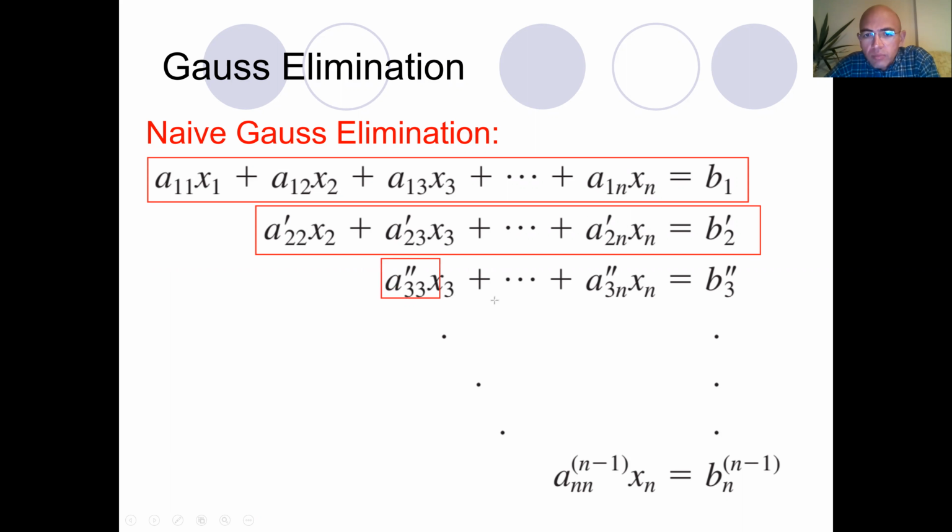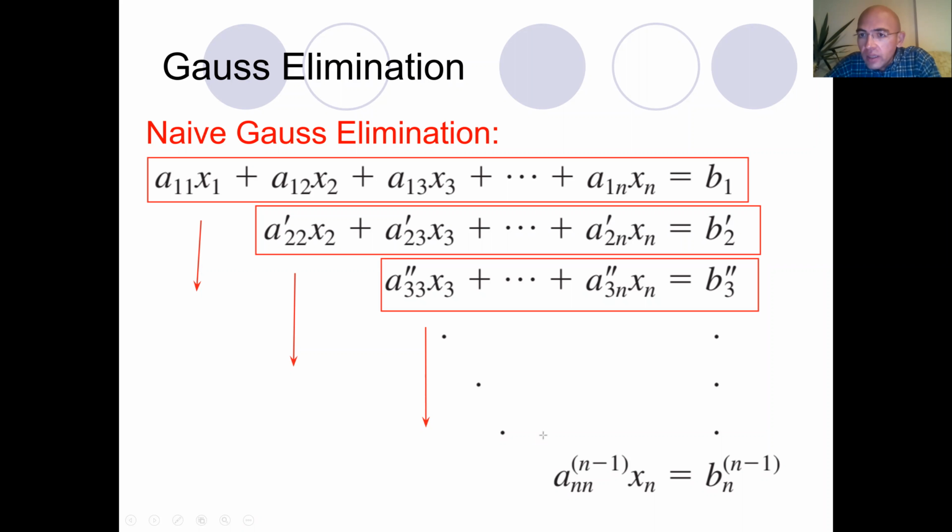And then I do the same thing. I choose the third equation as a pivot equation, and then I eliminate the x3s from the equations. Here x1 is eliminated, here x1 is eliminated, here x2 is eliminated, and it goes like this. At the end, I'm left with the last equation.